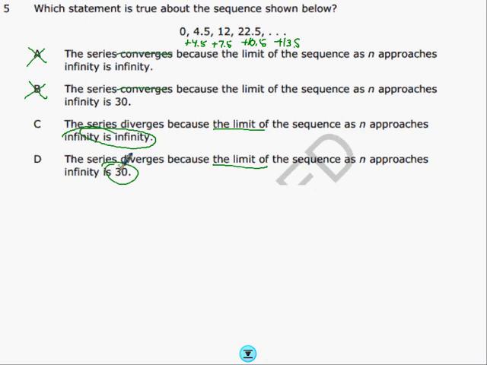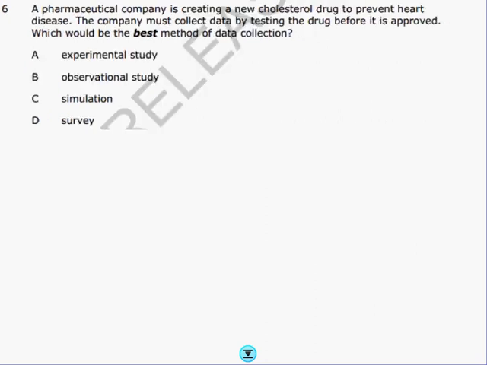I don't know that anything is limited to 30. I think the terms are going to get larger than 30. If we add up these numbers, the sum is greater than 30. And so I don't know where they're pulling 30. So the answer is C. Again, I don't know that I've given you the tools to do this problem perfectly, but you can certainly use the tools to do it as multiple choice.